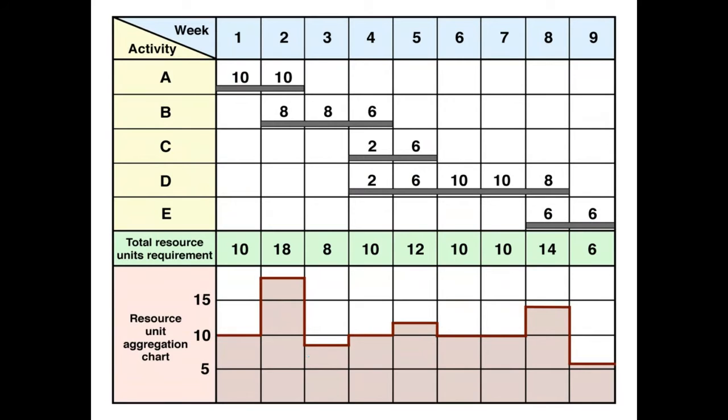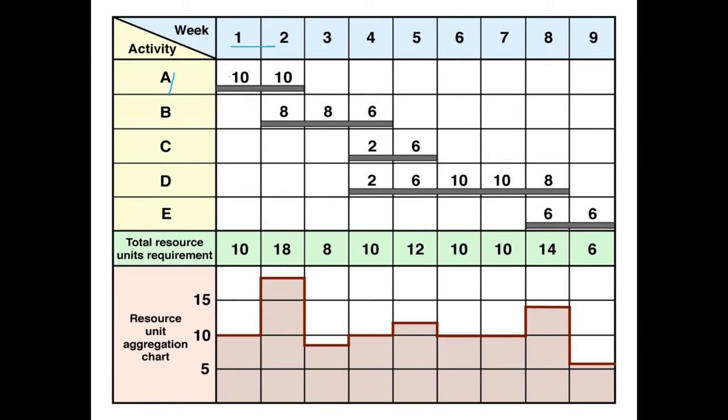So here you can see the bar chart of our project, and different activities are shown here. The weeks are shown on the top, and you can see the bar chart has been loaded with the resources.